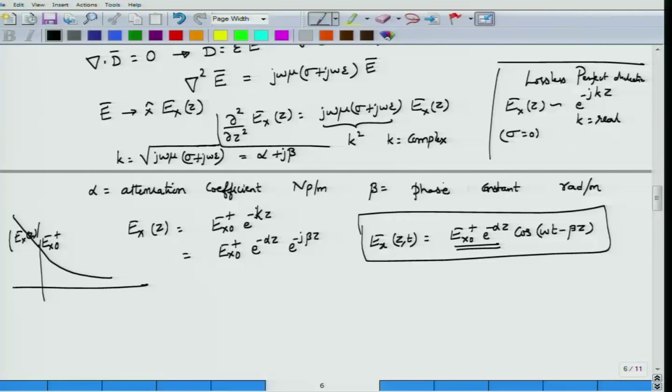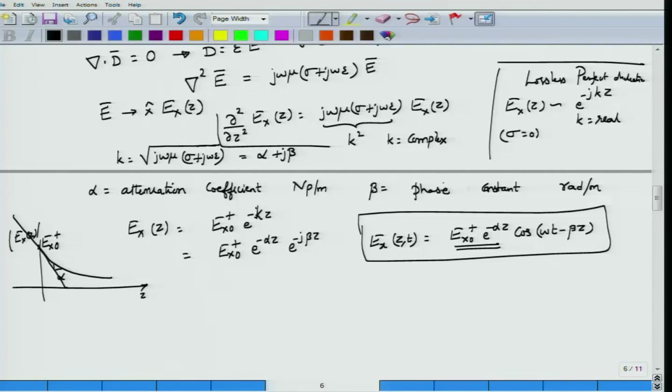But as z increases, as you move away from the source, the amplitude starts decaying with a slope of alpha. So the initial slope of this line would be alpha, and this alpha tells you the rate of decay of the amplitude of the electric field.